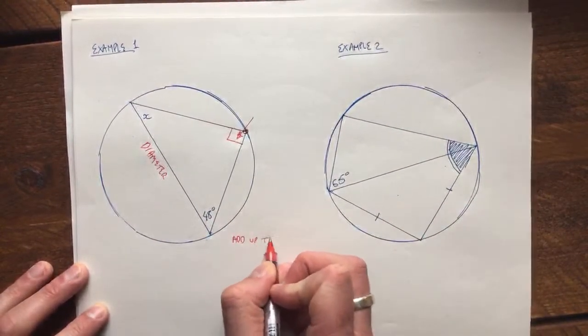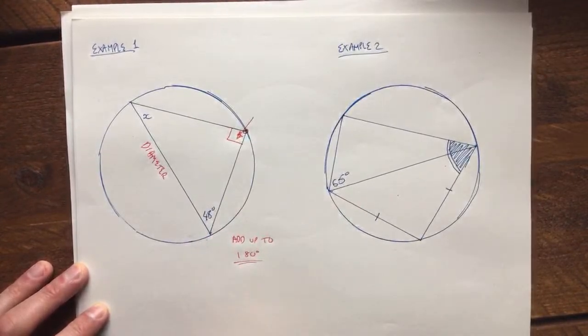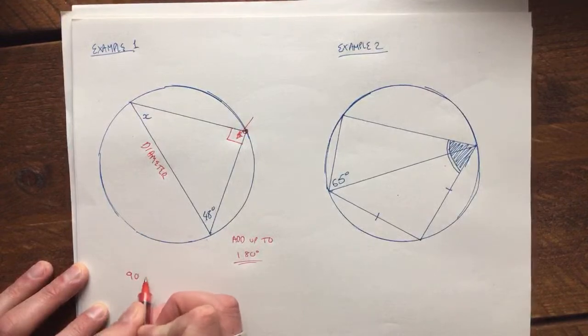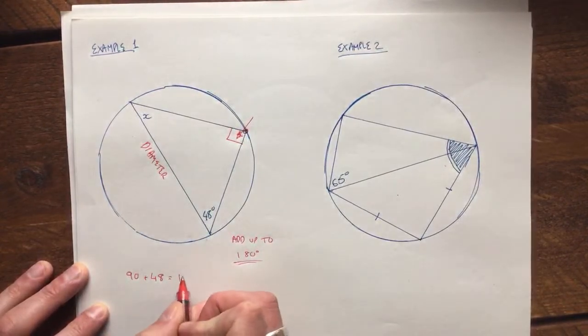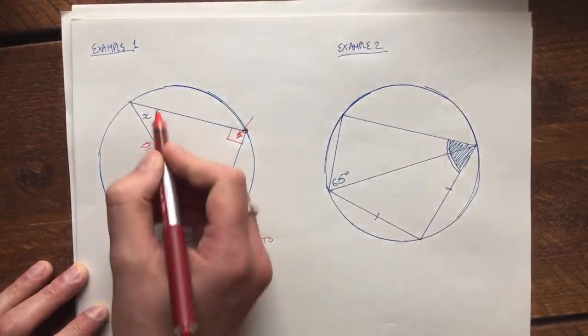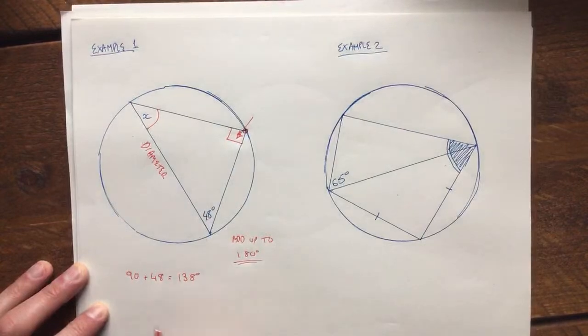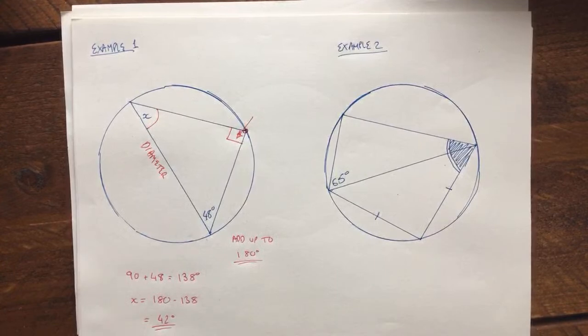So right now we know we have 90 degrees and 48 degrees used up. That gives us 138 degrees used there, which means X up here is left as the leftover from 180 degrees. Which means X is 42 degrees.